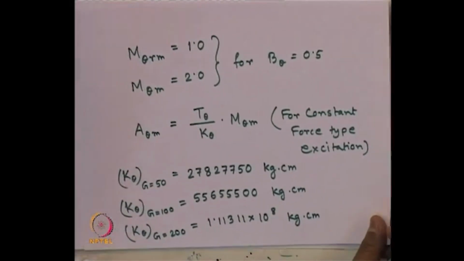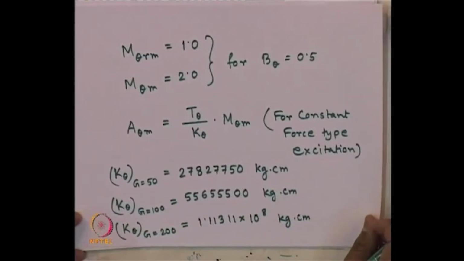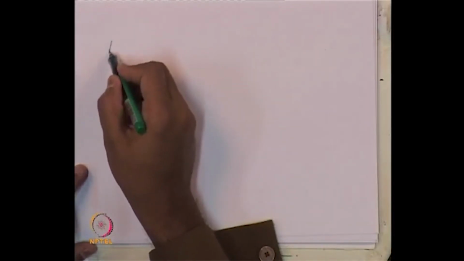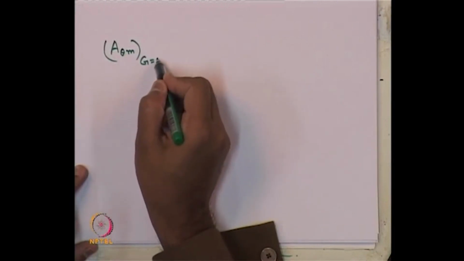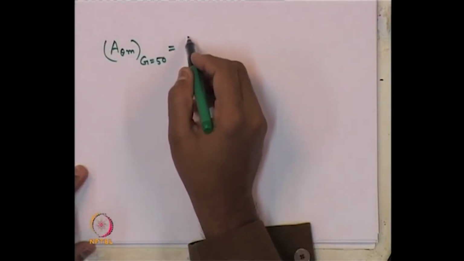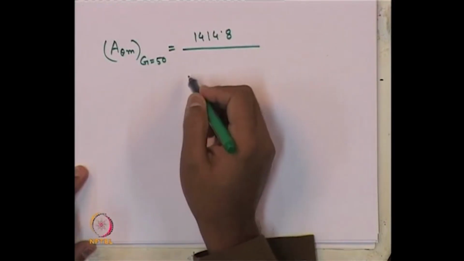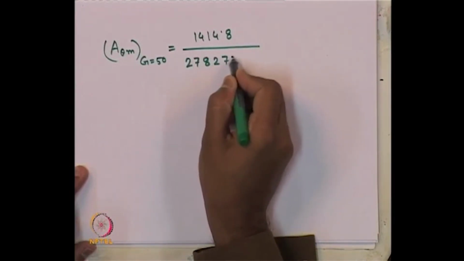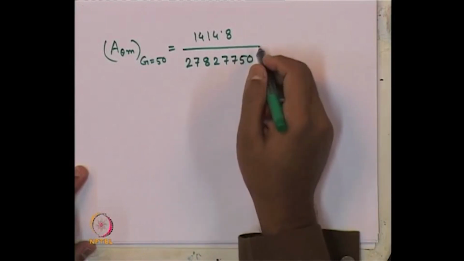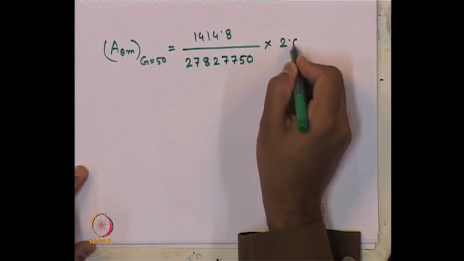So, with these known values, T theta is also given to us, which is 1414.8 kg force centimeter. We will get a theta m for the first type of soil as 1414.8 by 27827750 into m theta m, how much did we read? 2.